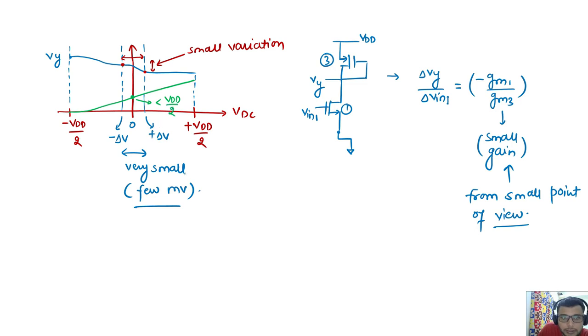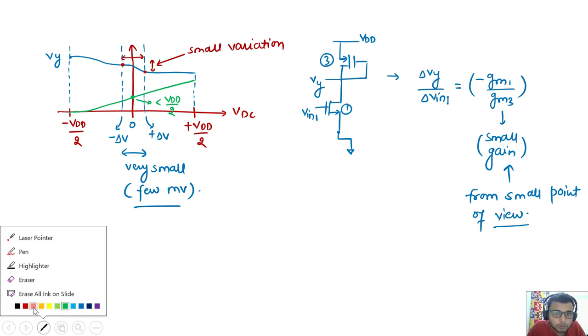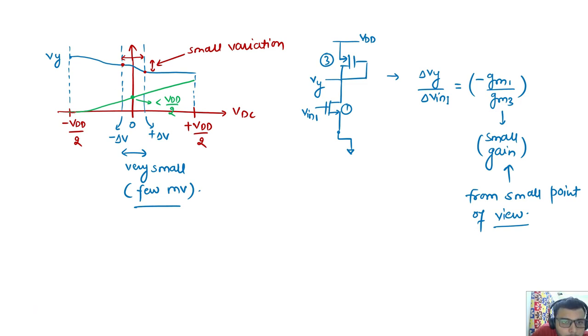How much less, we'll tell, but before that I should complete this part. So what does the output variation look like? The output goes like this, and after that there's a huge increase, reaching something like VDD. In this region we see a large slope.